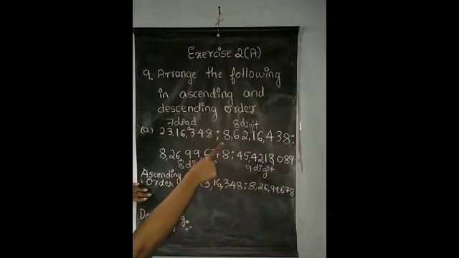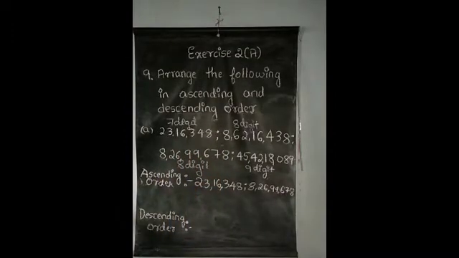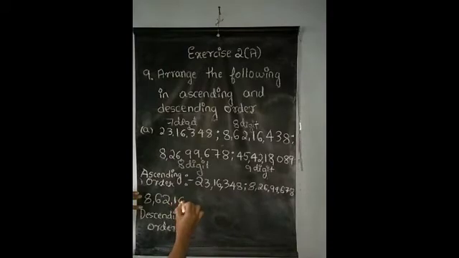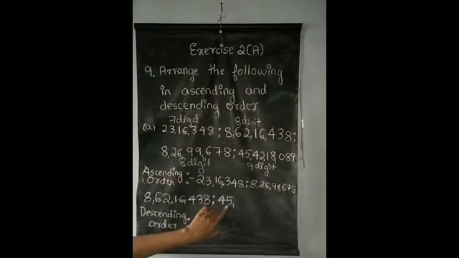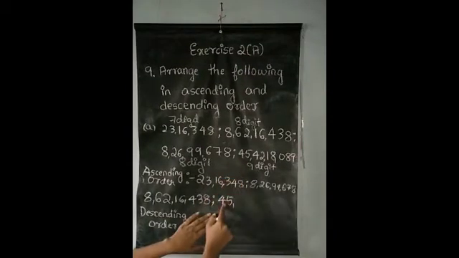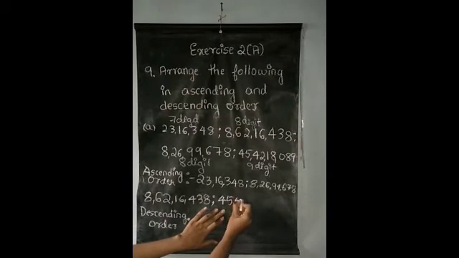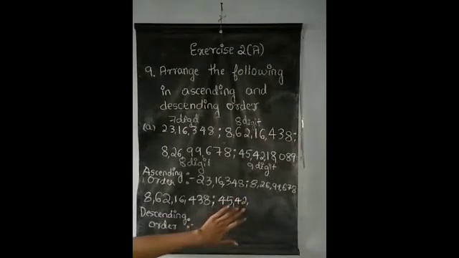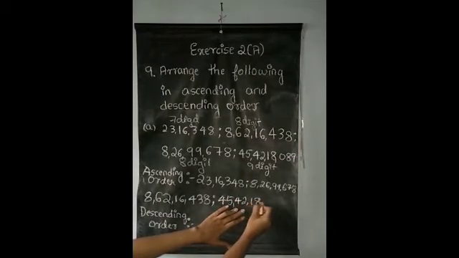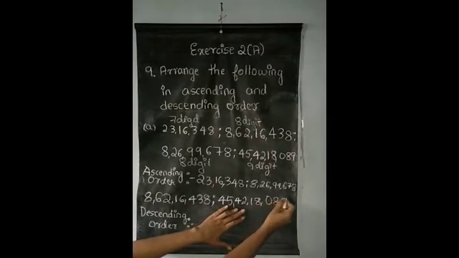That means 8 digit number is the smallest number. So we have to write here 8 crore 62 lakh 16,438. The remaining number is 45 crore 42 lakh 18,089.